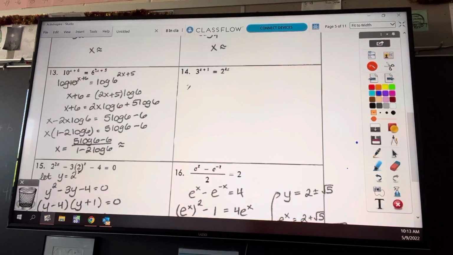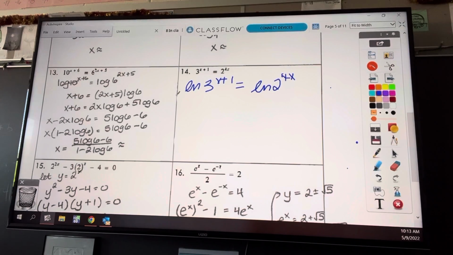So it looks like this. Natural log of 3 to the x plus 1 equals natural log of 2 to the 4x. This is hard to read, but now I can take those exponents and move them in front as coefficients.